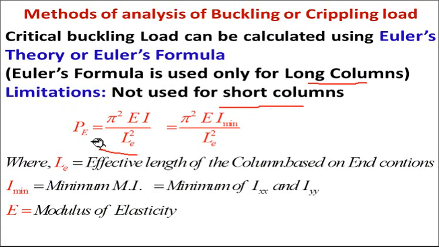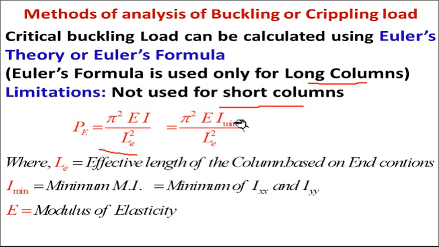The formula is like this: P, the Euler's load, equals pi square EI upon L square, where pi square is a constant. E is the modulus of elasticity or Young's modulus, and I is the minimum moment of inertia. It depends upon the type of cross section.